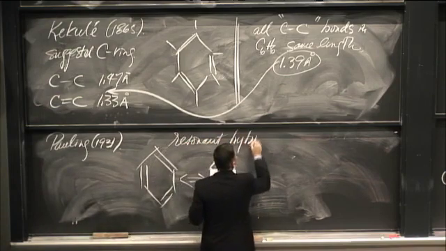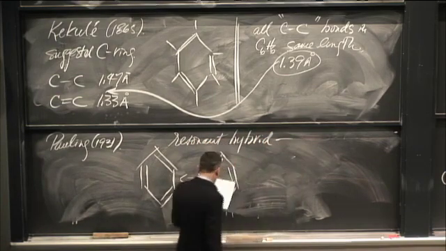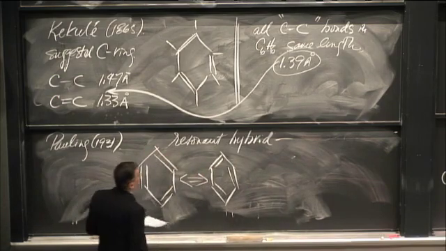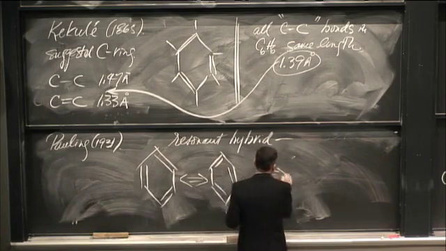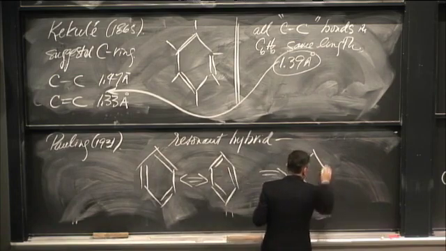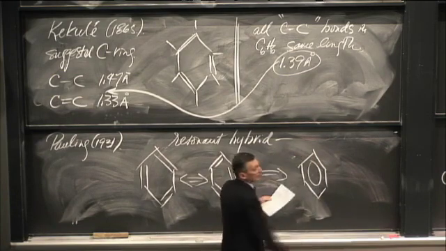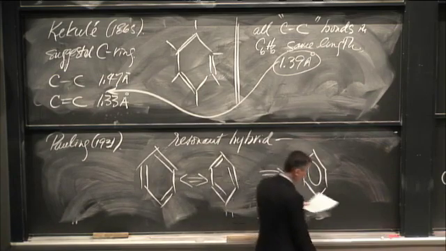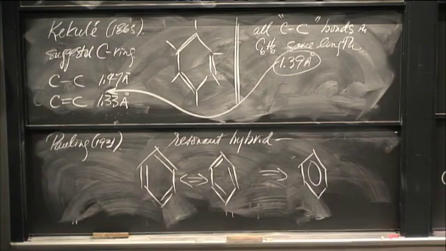So this is a resonant hybrid structure to account for the mix of single and double bonds, which gives rise to the current representation of benzene as simply this. We're not saying this is single or double, it's resonant between 1 and 2.